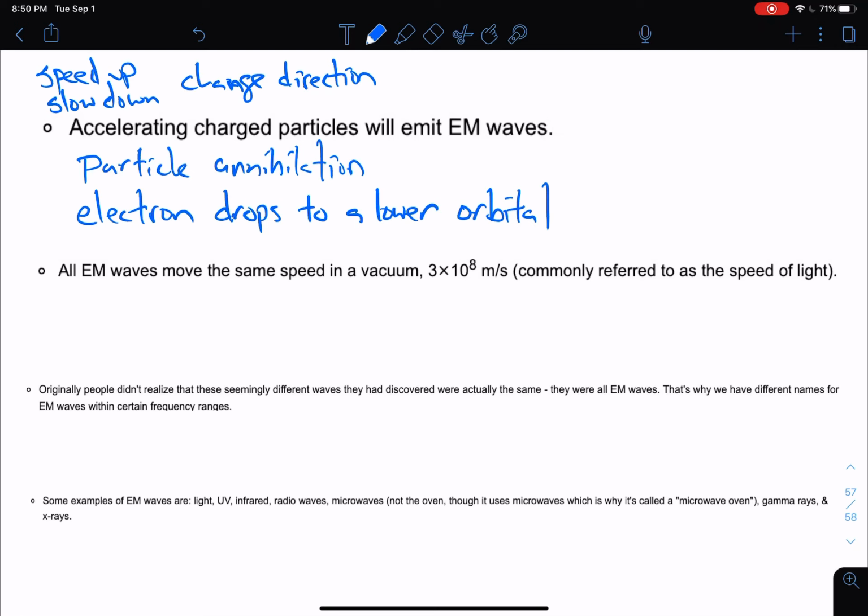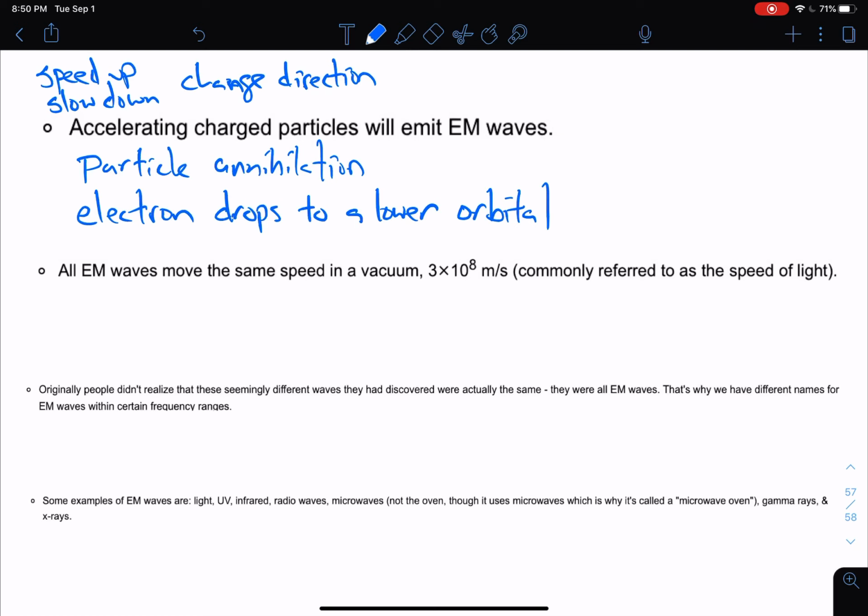Well, a lot of the things we interact with are solid. And so for those solid objects, the individual atoms and molecules don't actually move around, they're just vibrating. Well, if they're vibrating, that means at some point they have to slow down so that they can start vibrating the other direction.